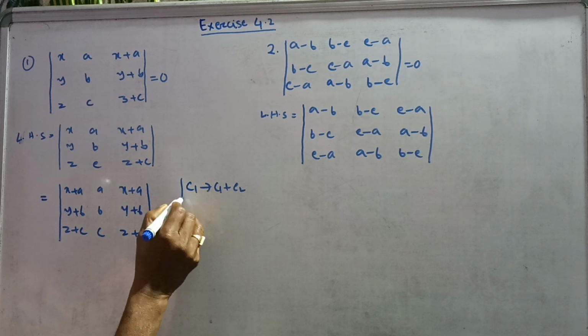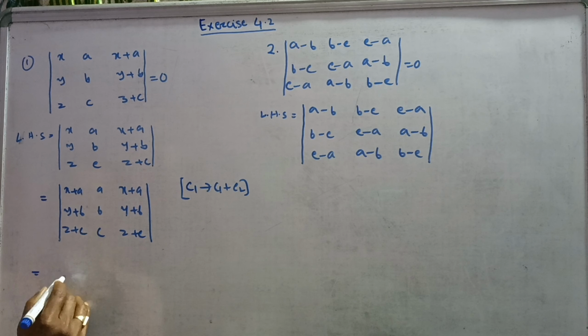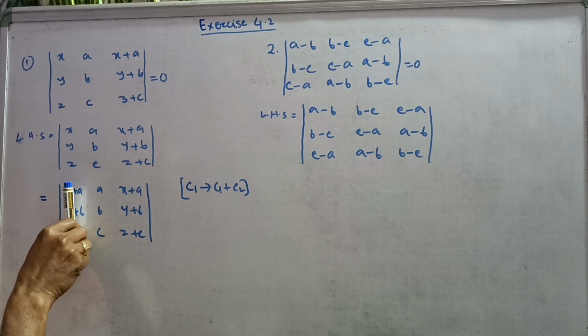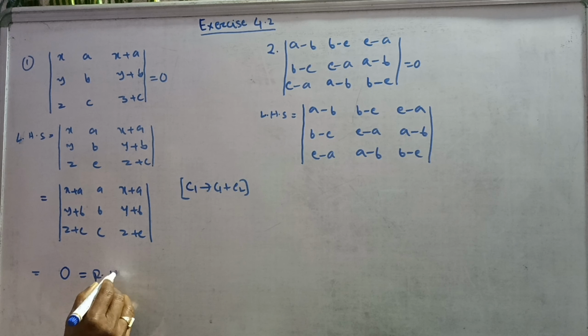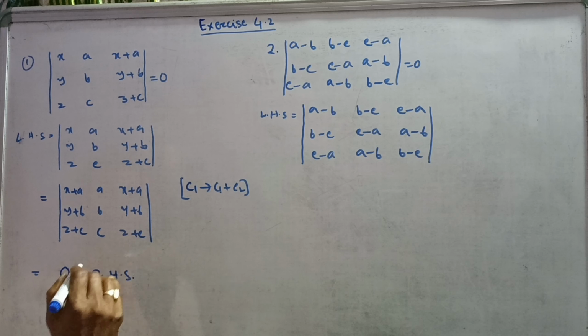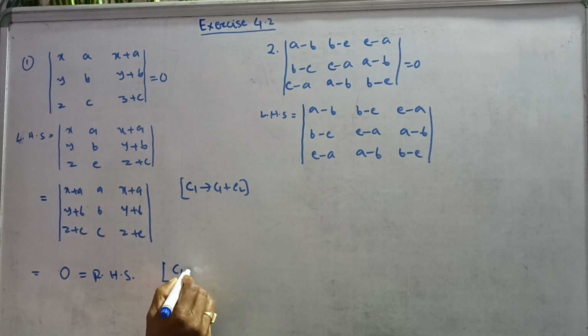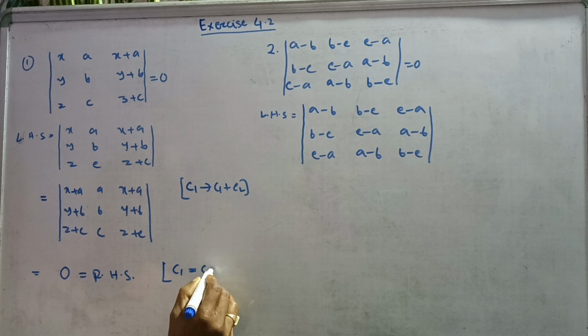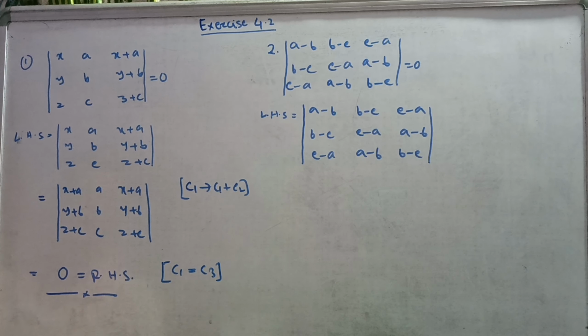Now these columns are identical, so this is equal to 0, which is the right hand side. Why is this equal to 0? Because C1 is equal to C3, that means identical. That is number 1.